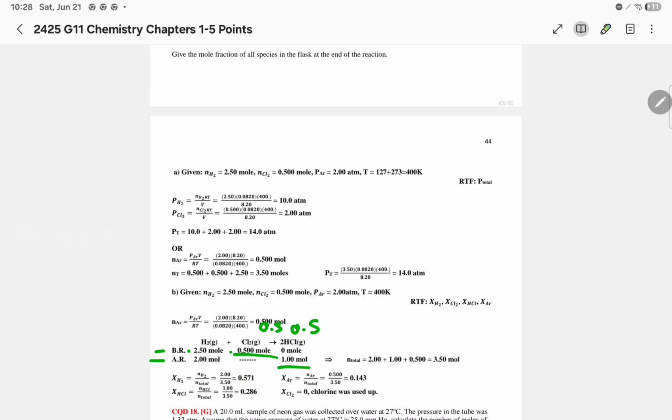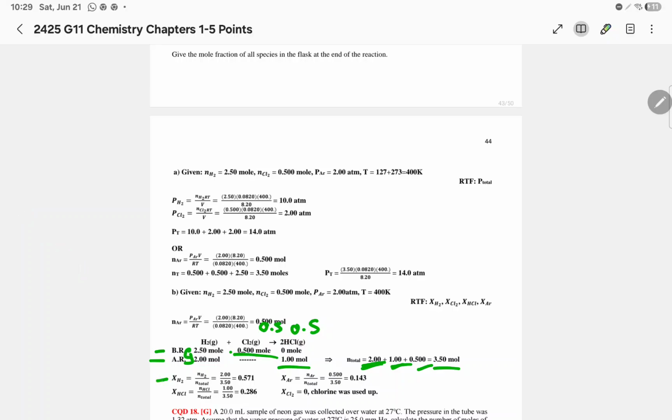So since we use 0.5 moles of H2, we're going to be left with 2 moles of H2 and 1 mole of HCl. So now we can add the total moles. We have 2 moles of H2, 1 mole of HCl, and 0.5 moles of argon. That makes 3.5.